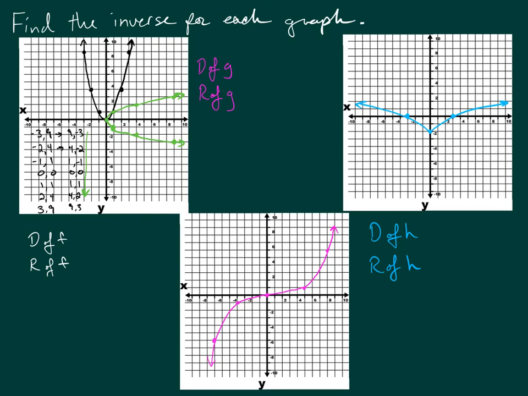Well, how do you know that this is the inverse graph? How do you know you did it right? There's this line that goes up 45 degrees like this, and it goes backward like this.